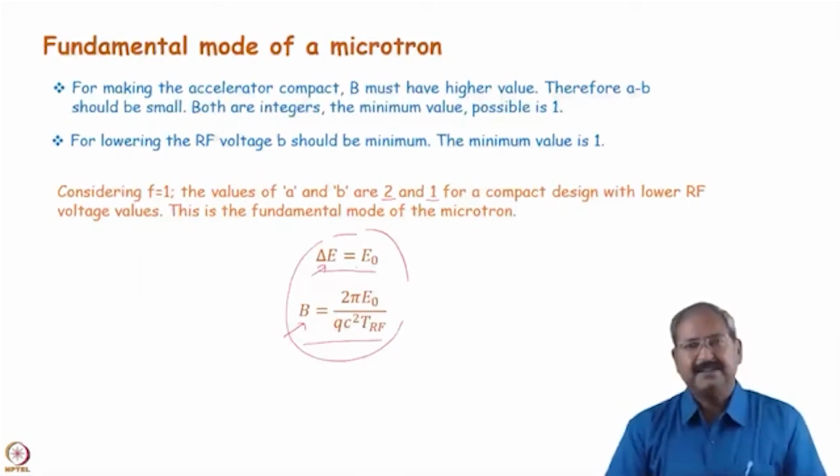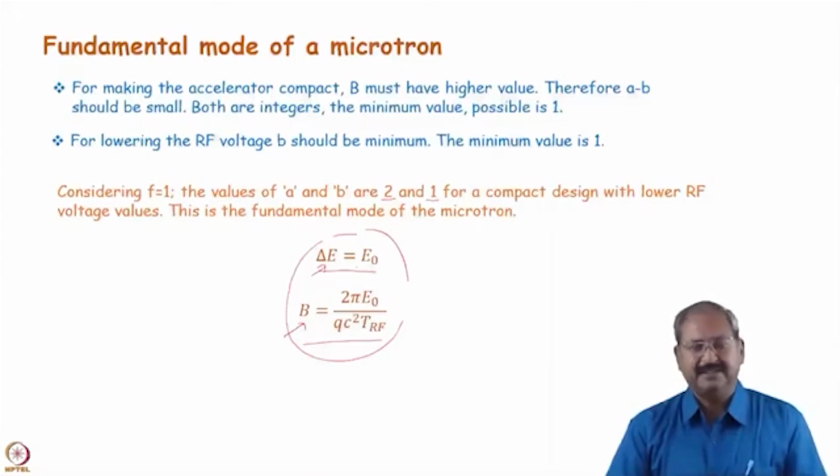So far we have considered that even if gamma changes, we can accelerate the particle. Means we can accelerate electrons easily in this microtron. Now, can we accelerate heavy ions or protons in this? No, we cannot. Why?